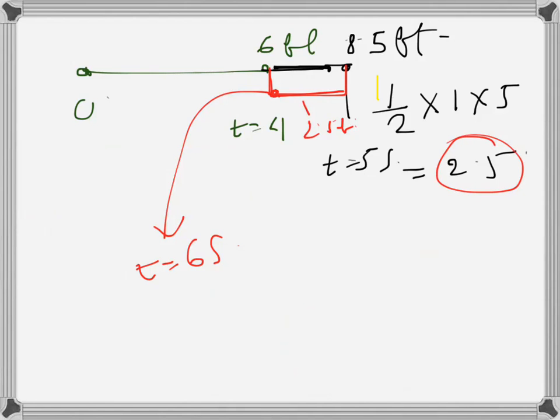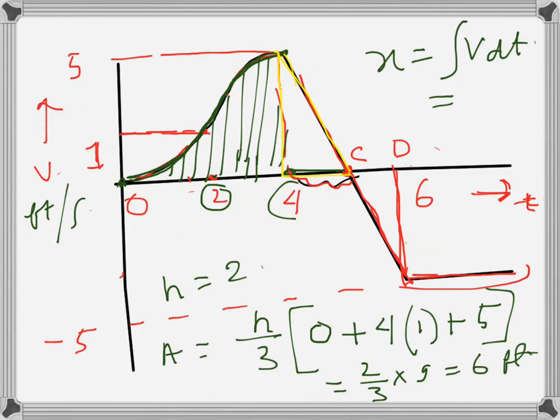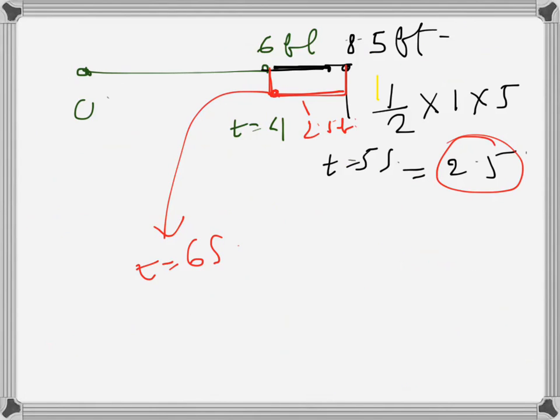After that the velocity becomes a constant 5 feet per second. So what happens is it will come back to the origin. The question is, after how much time will it come back?